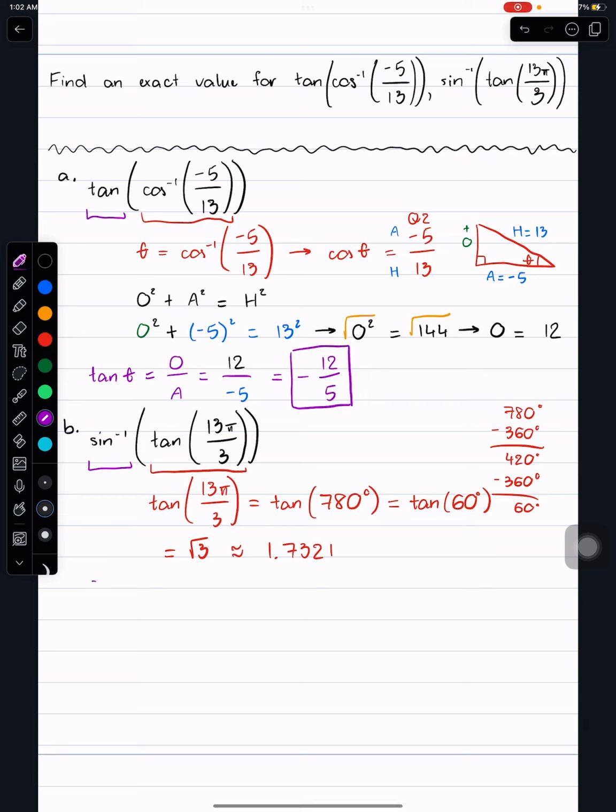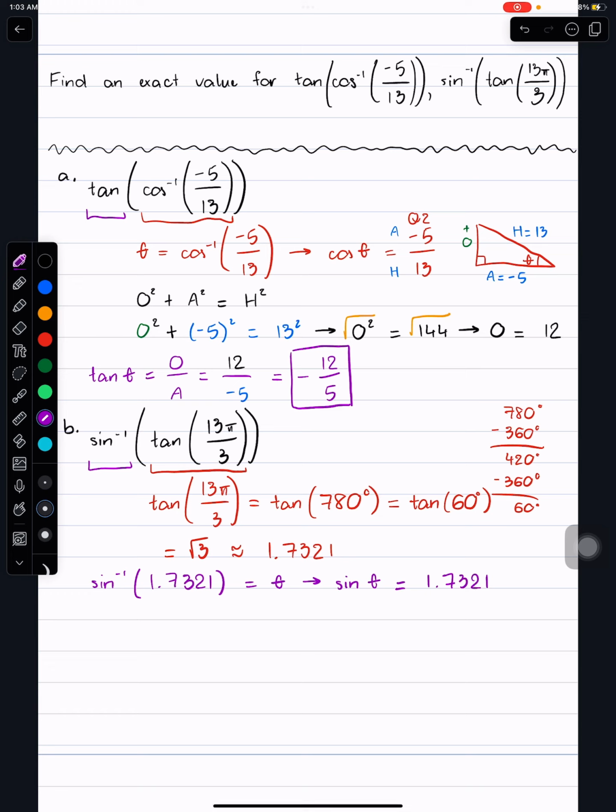Now the outside function, let me do it in purple again. They're asking for sine inverse of that value, 1.7321. If we assign it to an angle theta, then we can switch it around, so we know the sine of theta equals 1.7321.